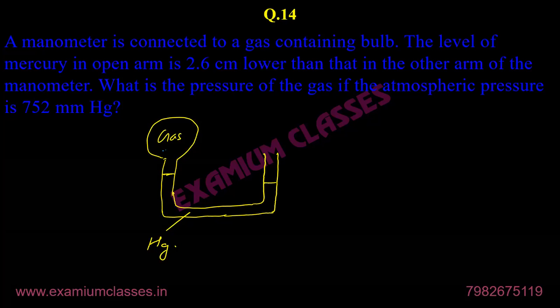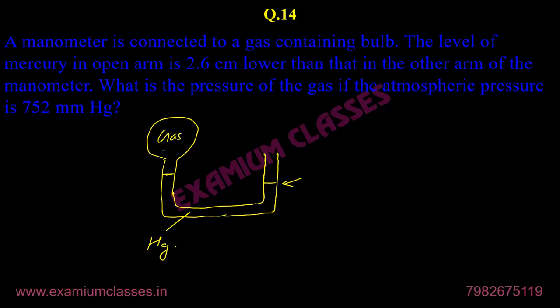The level of mercury in the open arm is 2.6 centimeter lower than that in the other arm. So if you compare these two, this is 2.6 centimeter.